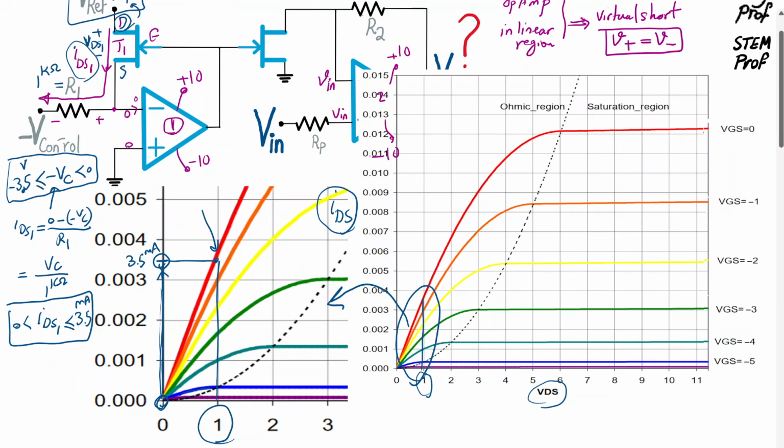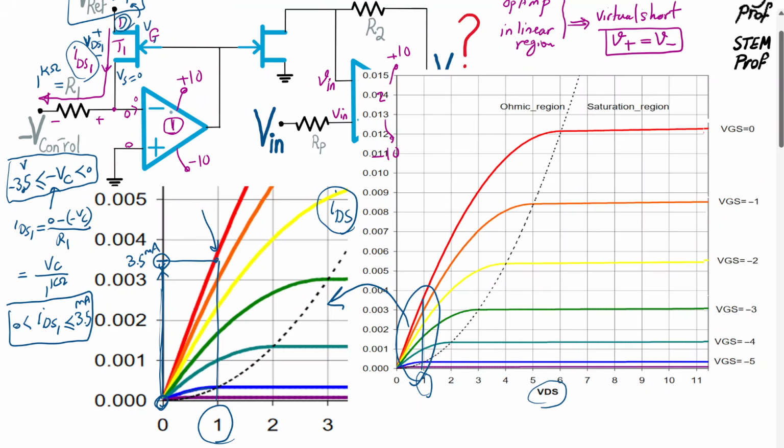For example, source is fixed to 0, we can't do anything about the voltage of source, which is set to 0. Voltage of gate for transistor T1 is controlled by the output of op-amp 1. So that can be changed by the op-amp, by the negative feedback.